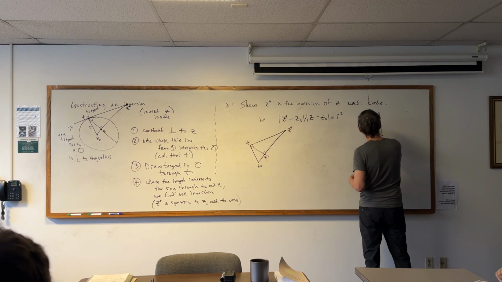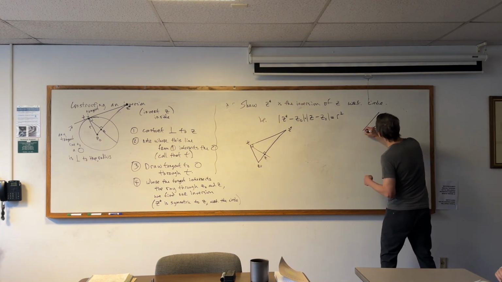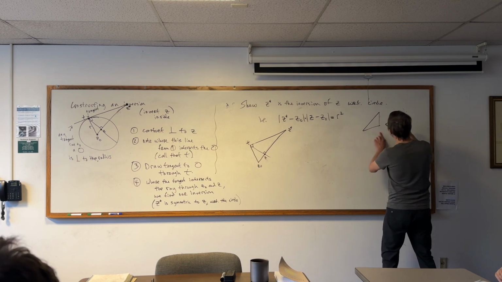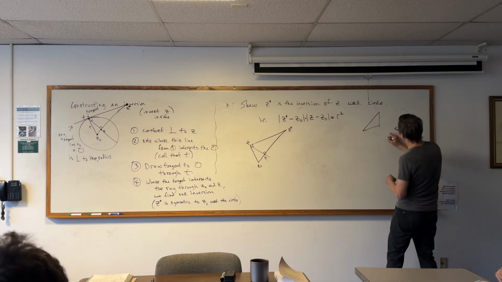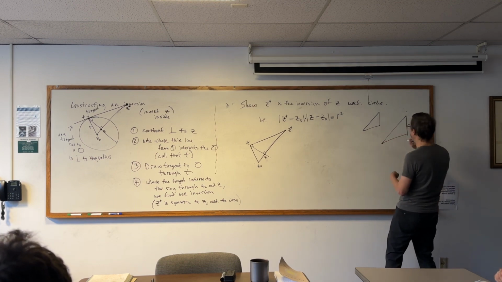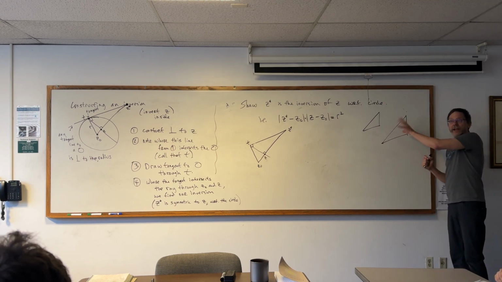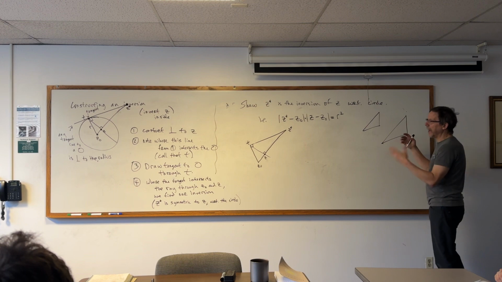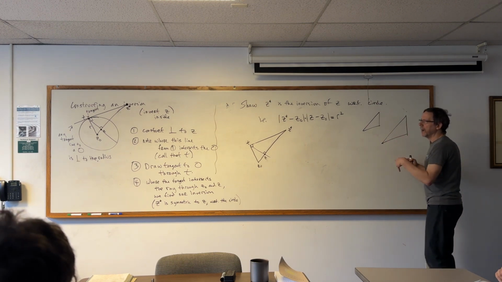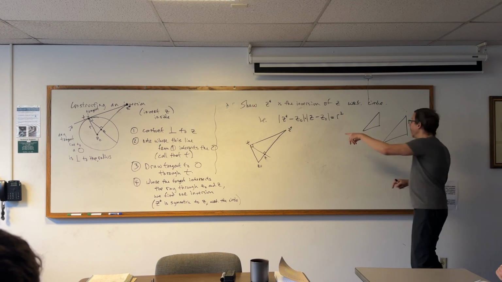Let me try to make it a little different. Say I had a triangle like this, and another one that was kind of like that, but scaled, which is kind of what we have here. If I knew these two triangles were similar, if I had demonstrated that with side angle side or whatever, I honestly think angle, angle, angle is the way to go here.